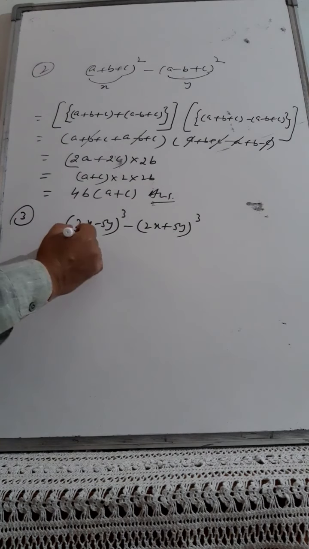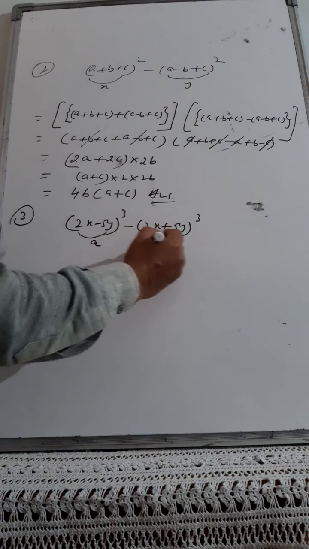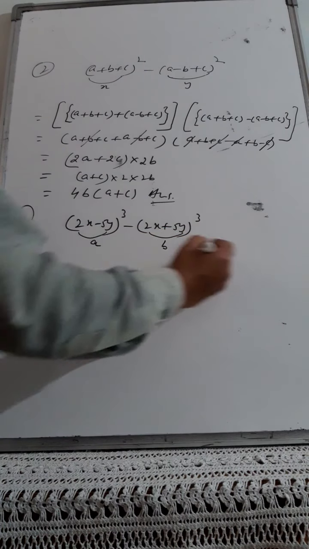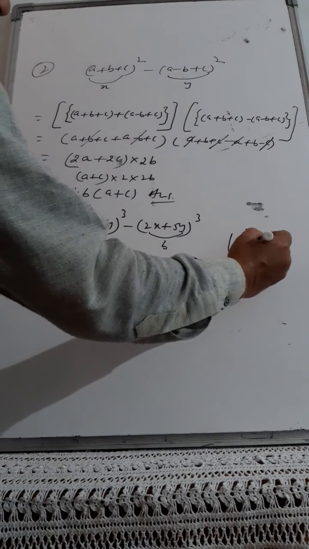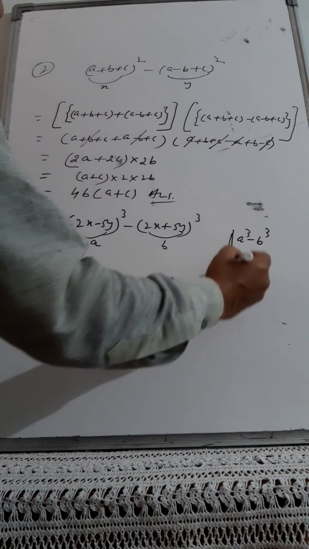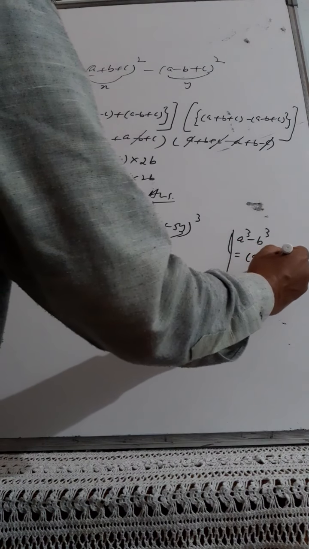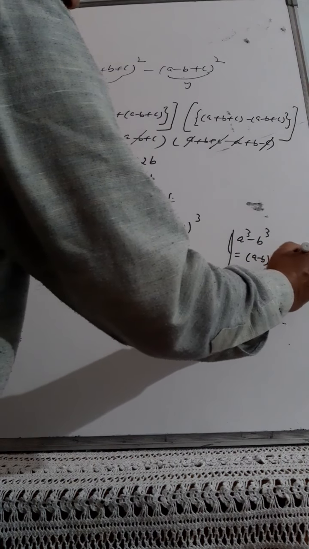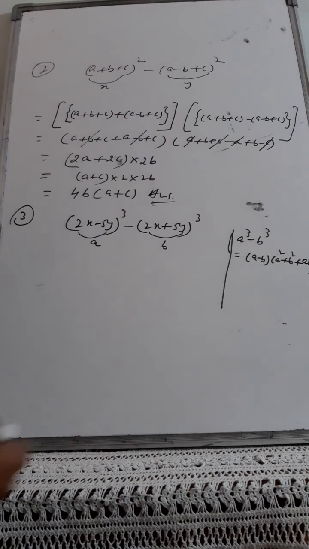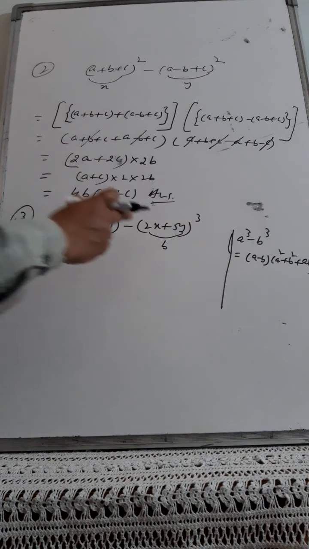But again what I will be using here, I am suppose taking it as a and taking it as b. So I will be using the identity a cube minus b cube, which I told is always equal to (a minus b) into (a square plus b square plus ab), to write the factor of this. So now I need to remember what is a, that is 2x minus 5y, what is b, 2x plus 5y.